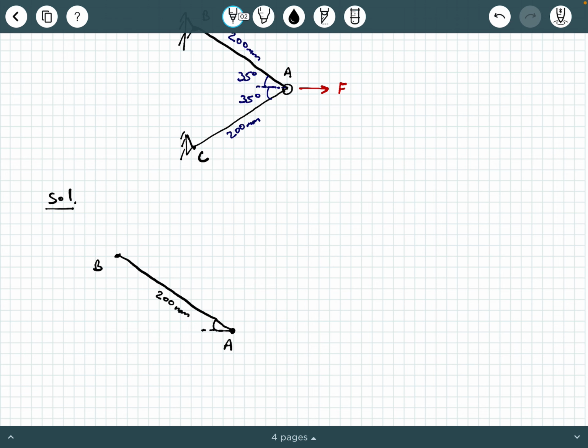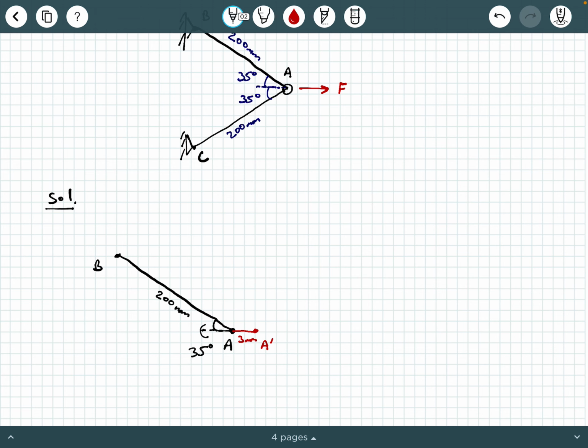This is 35 degrees. Now, we were told that point A displaces 3 millimeters horizontally. So I'm going to draw another point over here, and I'm going to call it A prime. Now that distance is the 3 millimeters.